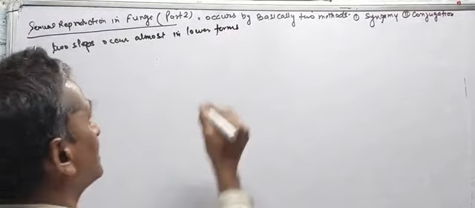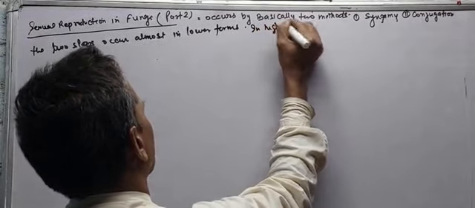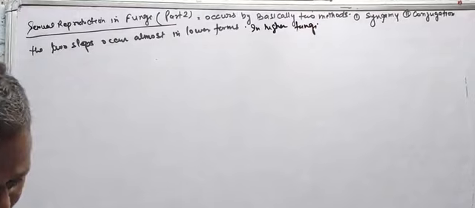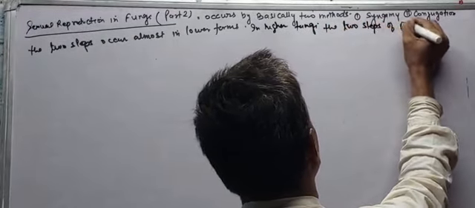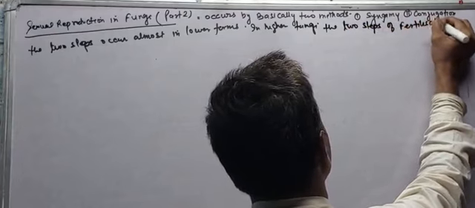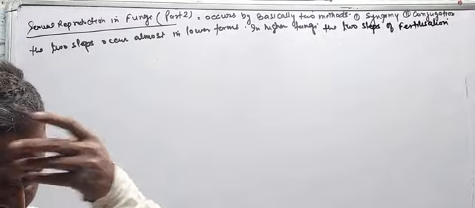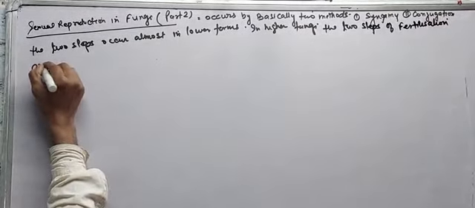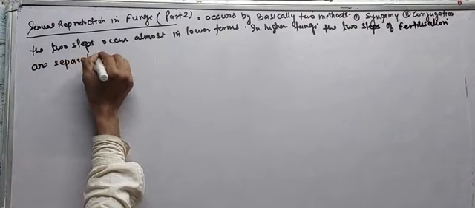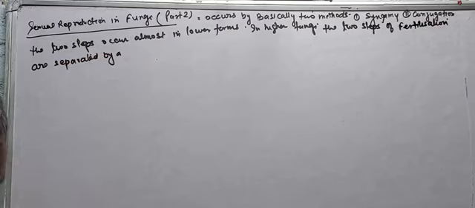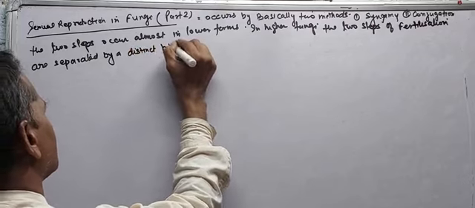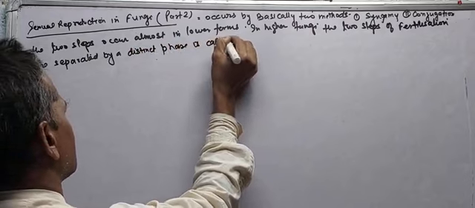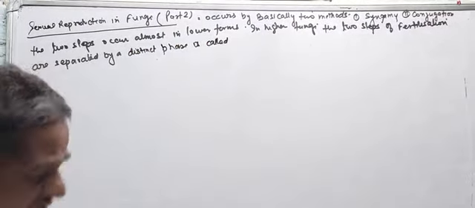In higher fungi, the two steps of fertilization are separated by a distinct phase called dikaryophase.